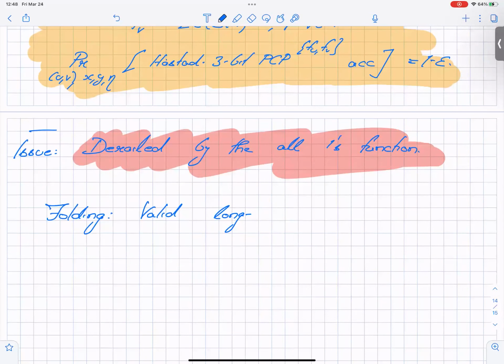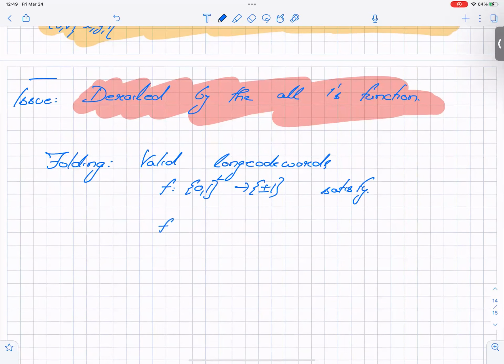So valid long code words, F from {0,1}^L to plus minus 1, satisfy F of x bar is minus F of x, where x bar means I take every bit and flip it.